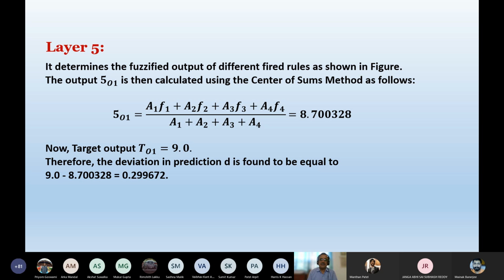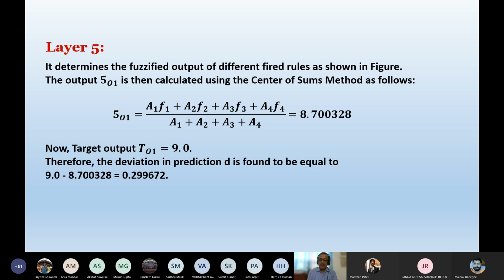Then you concentrate on the second GA string, find out the fitness. For the whole population, you find out the fitness. Then GA will use its own operators: reproduction, crossover, and mutation. And for a large number of iterations, it will try to find out that particular neural network or that particular set of neural networks which will correspond to the minimum error in prediction.